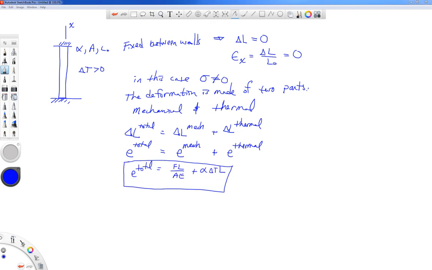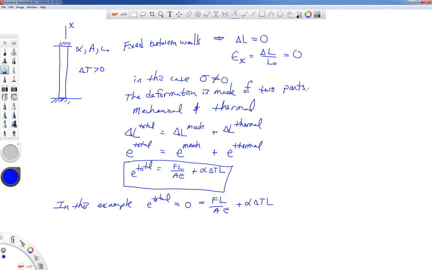Okay. Now, in this particular example that we're looking at right now, our total deformation is equal to 0. Okay, but we still have the rest of it we can write down, FL over AE plus alpha delta T L. Now, the mechanical deformation has a sign associated with it.